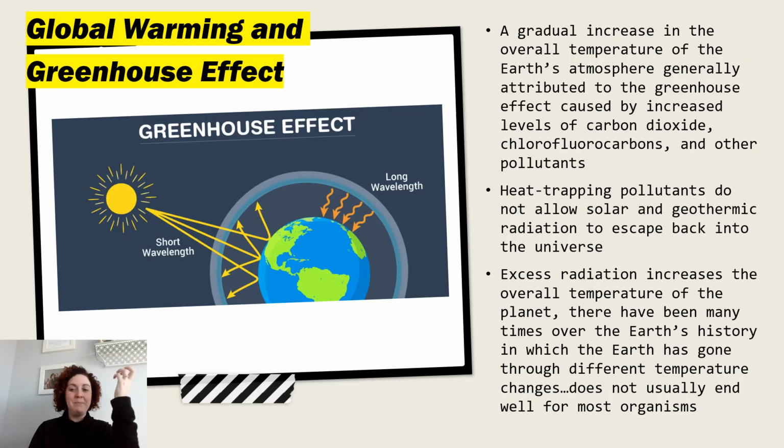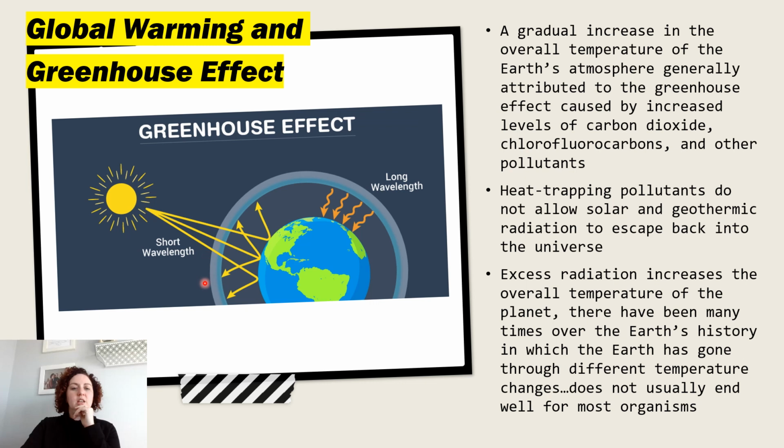Now, indirectly, we get things like global warming and the greenhouse effect. This is the gradual increase in the overall temperature of Earth's atmosphere, generally attributed to the greenhouse effect, causing an increased level of carbon dioxide, chlorofluorocarbons, and other pollutants. Essentially, if you look at this diagram, you can see that you have this layer.